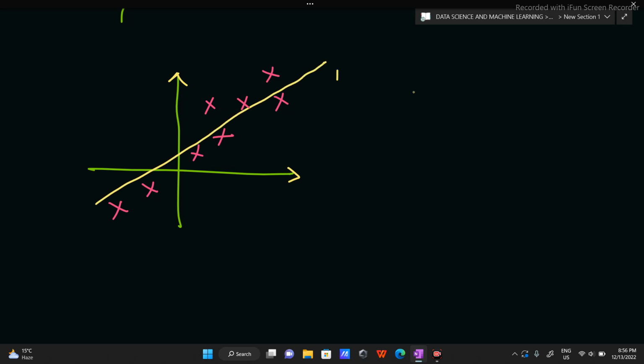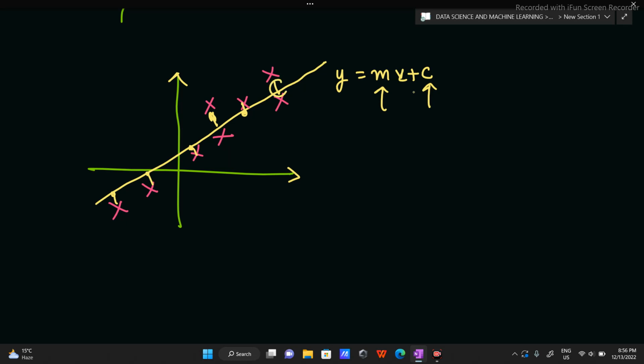Again this is something like y equal to mx plus c, but this time m would be different, c would be different, and this line is a better line than that one, because the distance between points from this line is lesser than the other one. So this is what happens in the linear regression model. We try to minimize this error.